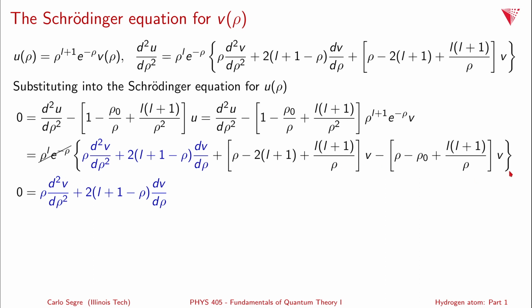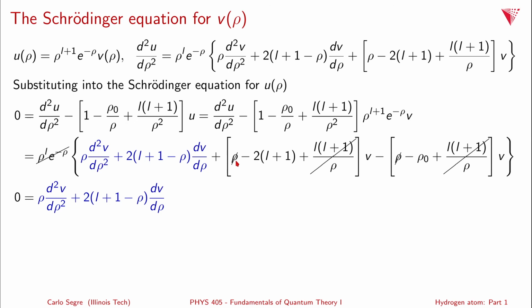Now the terms that just have a value of v, I can look carefully and I see that this term here and this term here will cancel because of the minus sign here. This term here and this term here will cancel because of the minus sign here. So I'm left with a plus rho 0 minus 2 times L plus 1 times v. And that's what I have. So it's rho 0 minus 2 times L plus 1, all times v.